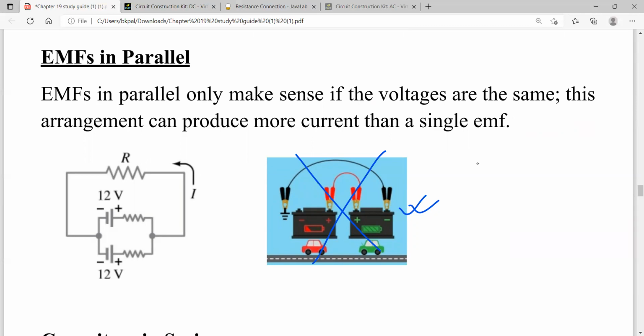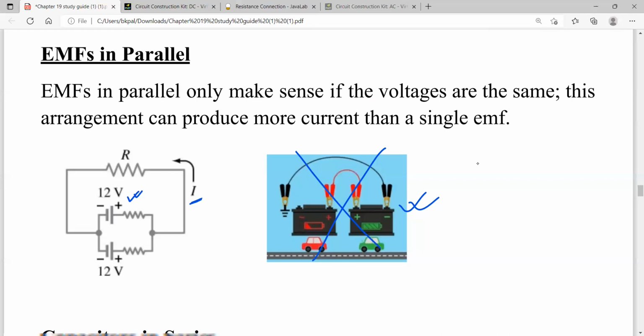You can see that if there is only one battery, this current would be less than if you have two batteries connected in parallel.